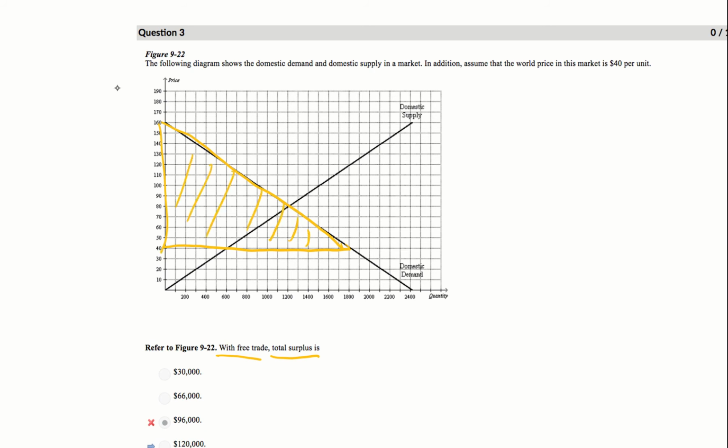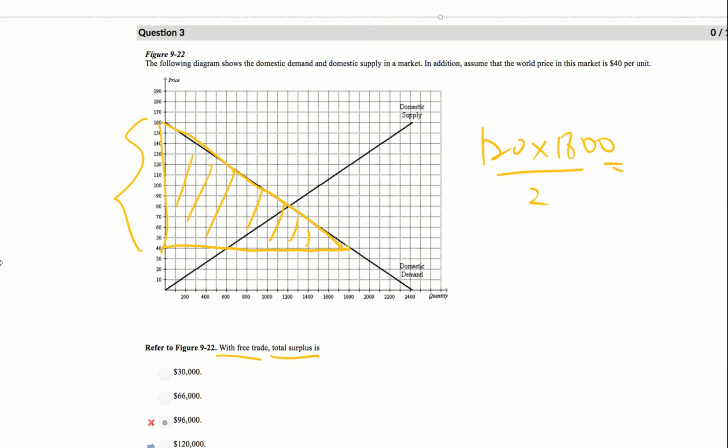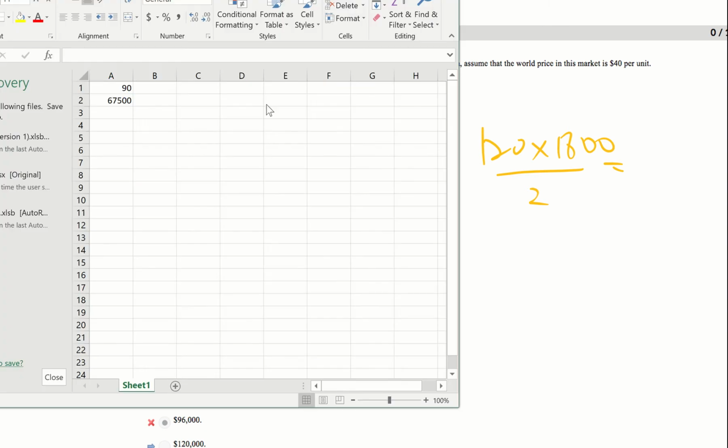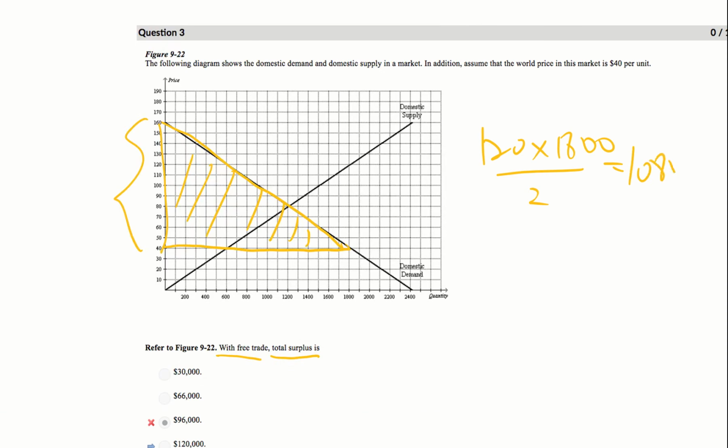So the vertical difference is from 40 to 160, so 120 vertical difference. The horizontal difference is 1800. It's a triangle, so divided by 2. So I'm going to do 120 times 1800 divided by 2, and the answer is going to be 108,000.